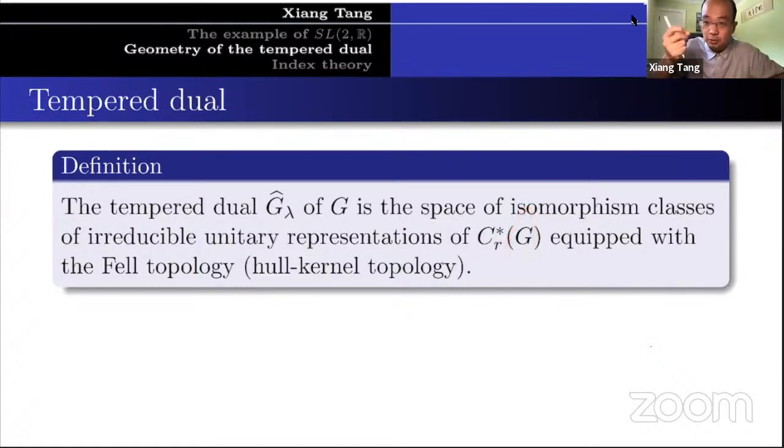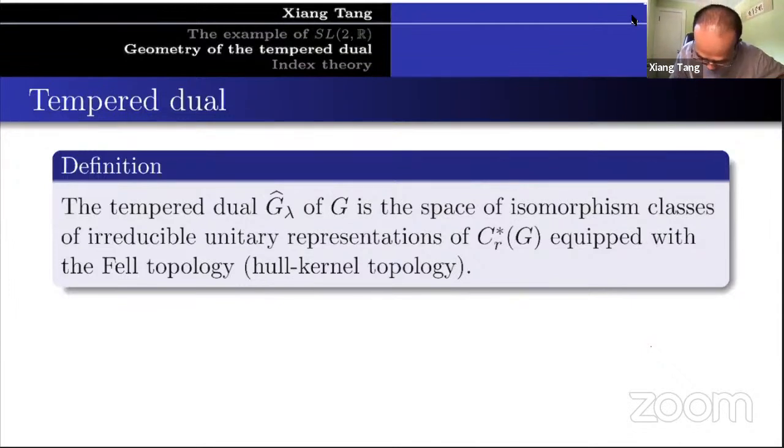You have to look at the matrix coefficients and how they grow, and also you have to look at the Harish-Chandra Plancherel measure, the support. But for us, if we work with this terminology, it's just the representations of this reduced C-star algebra.